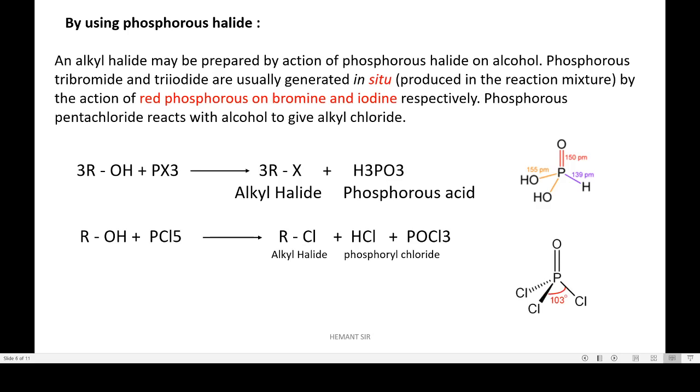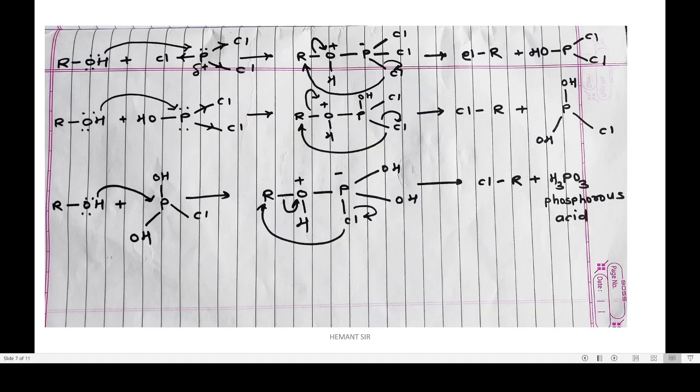So this directly is not easily digested. Let's see the mechanism of alcohol with PCl3. See, I have drawn this on a rough copy and pasted it directly on the PPT.